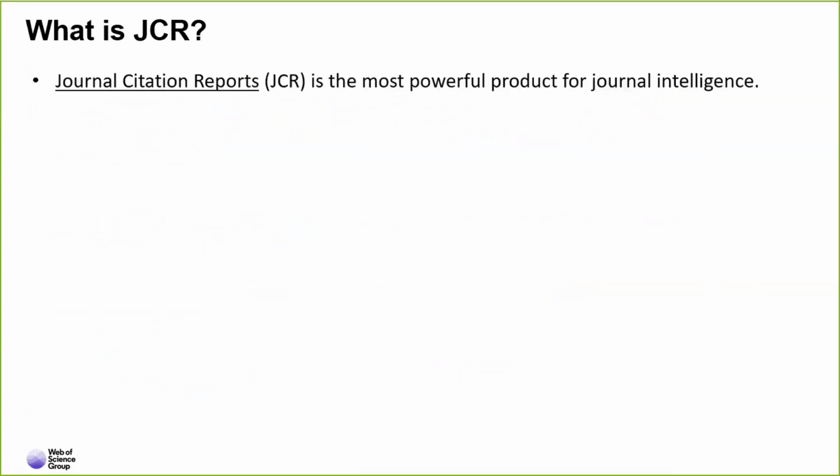Journal Citation Reports is the most powerful product in terms of journal intelligence. You have thousands of journals with their profiles and metrics and historical data and lots of different indicators that help you to judge or to have an idea of a journal profile.